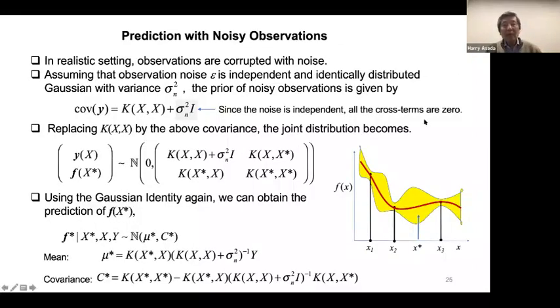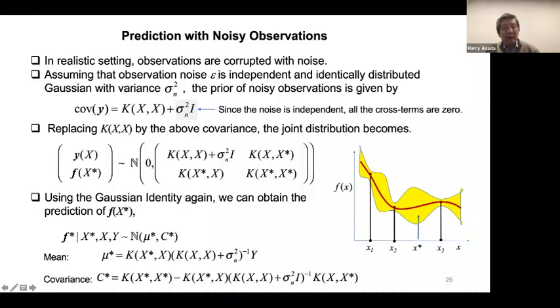Now, in the actual case, having some kind of noise superimposed, the covariance of y is through a noiseless part plus this observation measurement noise part, and that's all the change we have to make. So in the noisy case, we replace this part, and that's the only change.